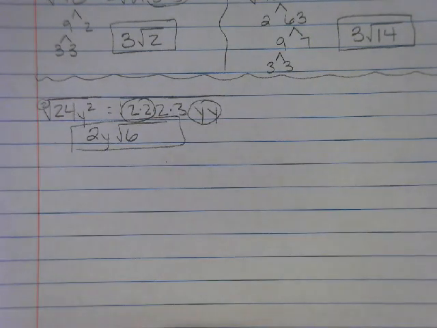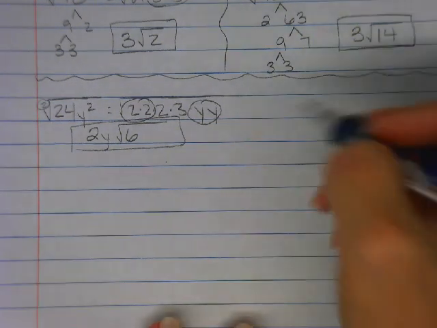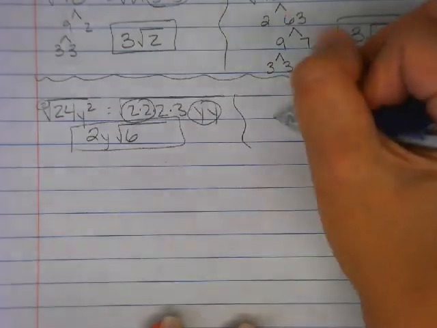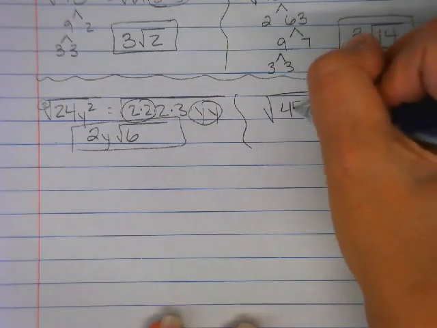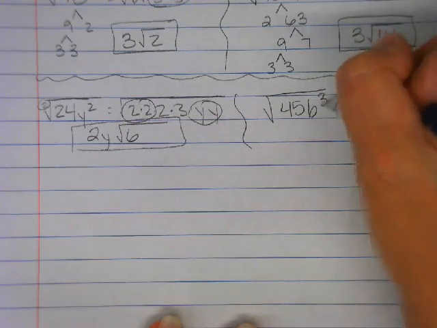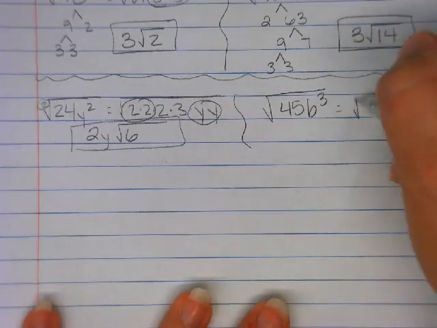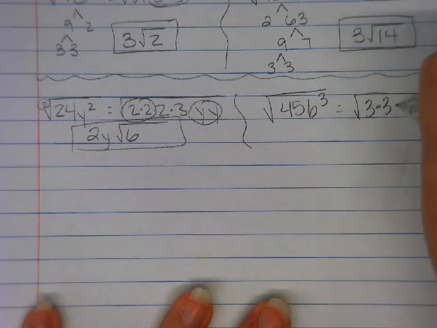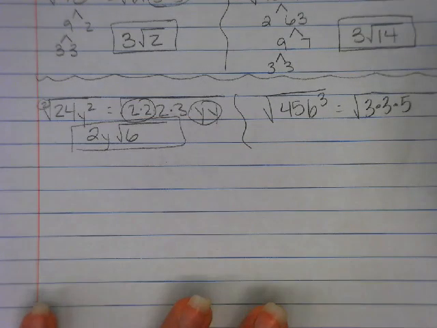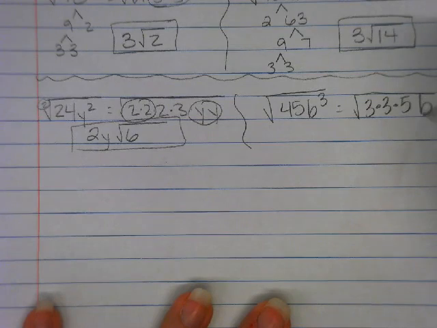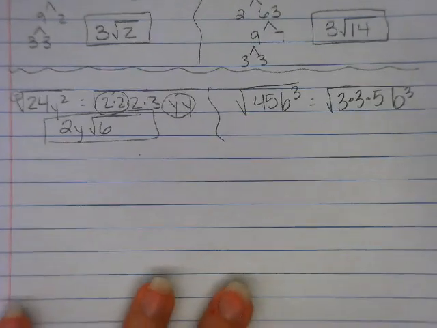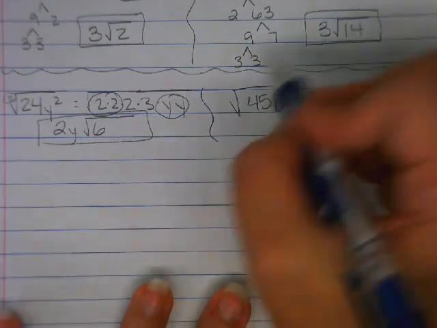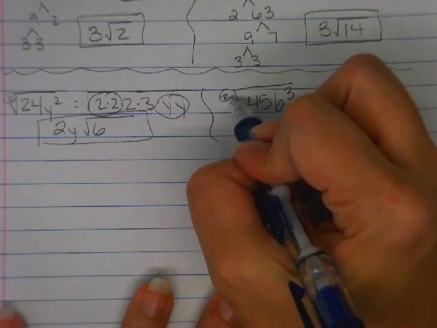All right? Another way you could do this, if I gave you the square root of 45b to the third, if we write the square root of this, we get 3 times 3 times 5. Now, I'm going to leave this b to the third. Sometimes you're going to find that some of our variables get a little bit lengthy. Remember, this is a root index of 2.